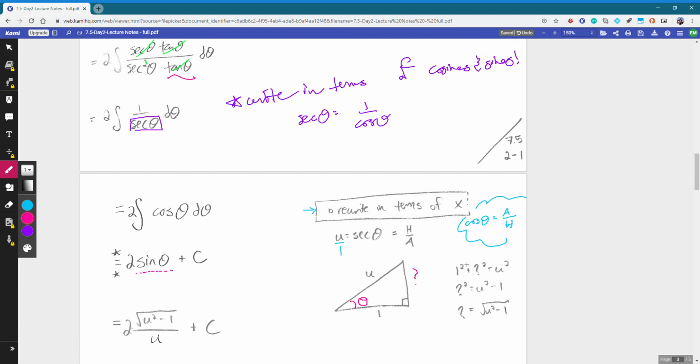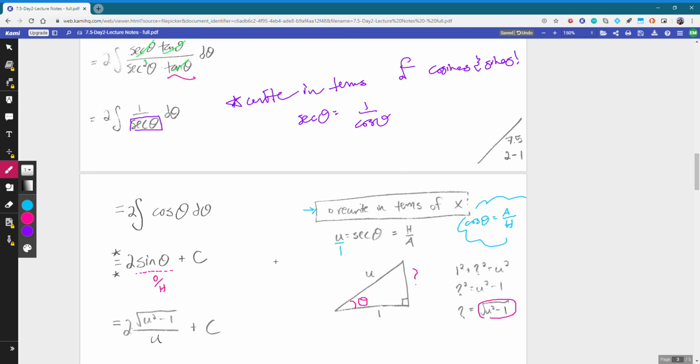So here we use the Pythagorean theorem, solving for our question mark. We can find that. And so then sine of theta, which is opposite over hypotenuse, is going to be this square root divided by u. And so we're almost back home.